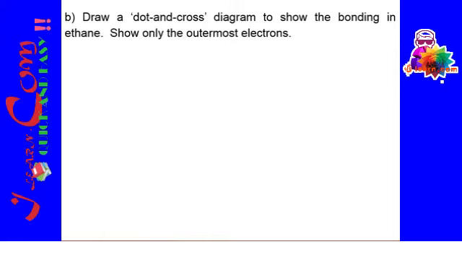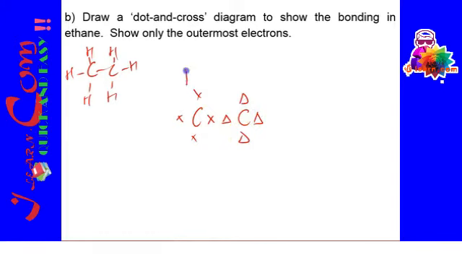And to draw the dot and cross diagram to show the bonding in ethane, again recall this is the structure of ethane. Every single bond here represents a pair of electrons. So if I were to draw a dot and cross diagram, it would look like this. Carbon, carbon, 1, 2, 3, 4, 1, 2, 3, 4, and six hydrogens, 1 each.